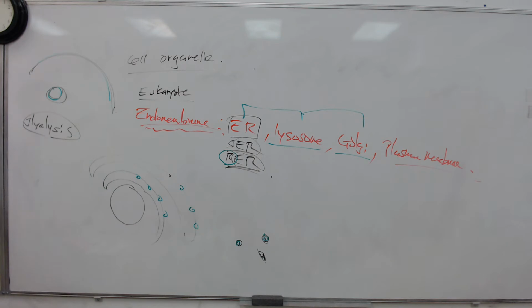The liquid, fluid portion is called the cytosol. So the cytoplasm is the region between the nuclear membrane and the cell membrane, and the fluid portion of this is called the cytosol. So if there's a ribosome in the cytoplasm, then the protein produced will be utilized in the cytoplasm.